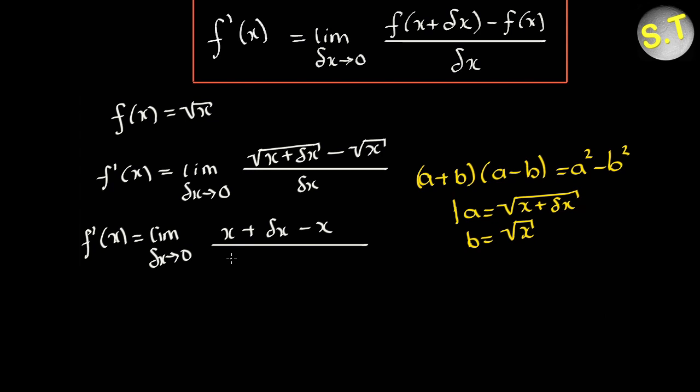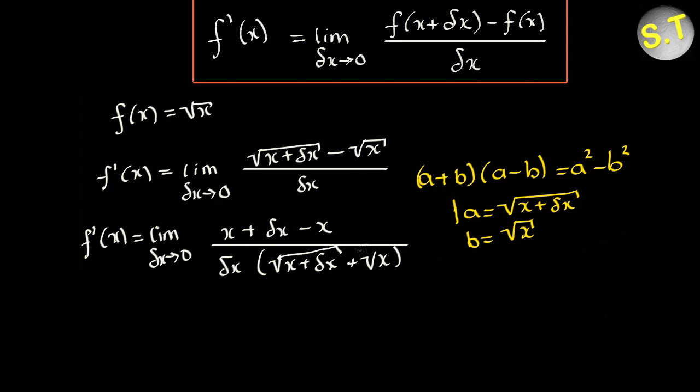Now on the bottom we're going to have delta x times by the a plus b factor that we had to introduce. So it's going to be square root of x plus delta x plus square root of x.